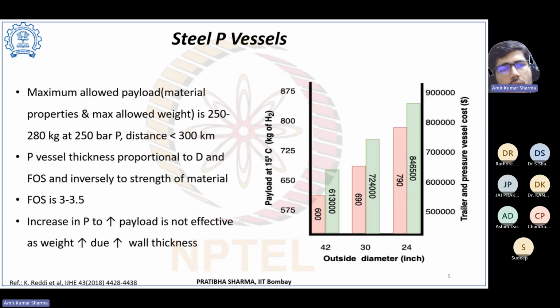We also have steel pressure vessels, for which the factor of safety is 3 to 3.5. Increasing the pressure to increase payload is not effective, as weight increases due to wall thickness.